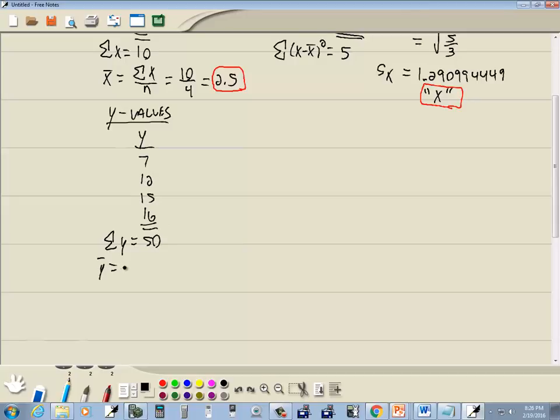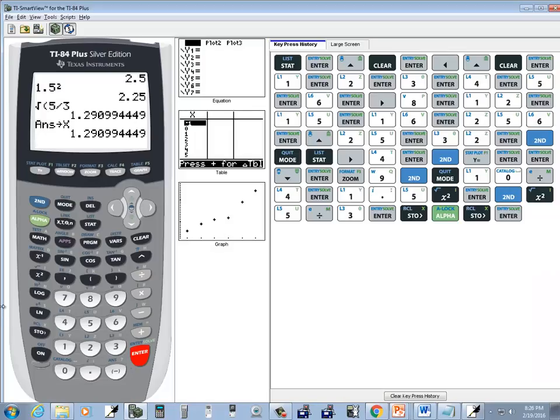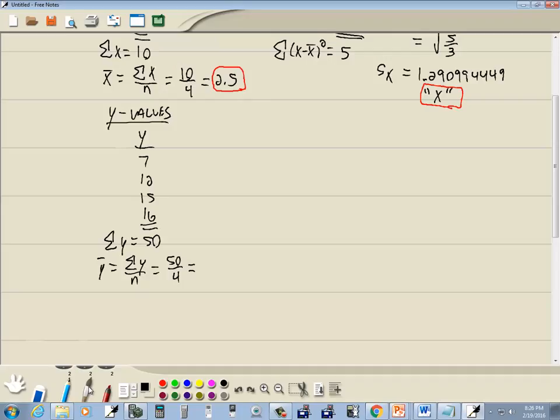Y bar is going to equal the sum of the y values divided by n. So we're going to have 50 divided by 4. I think that was 12 point something before, but let's see. 50 divided by 4, 12.5. So we just found y bar. I'm going to write it down on a piece of paper because I'll need it later. Y bar is equal to 12.5.